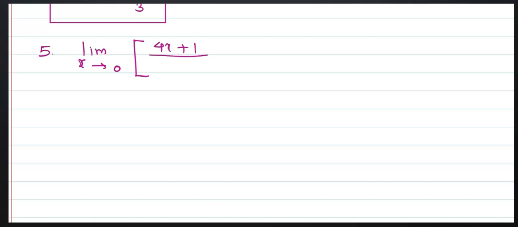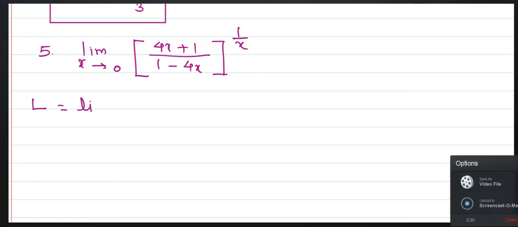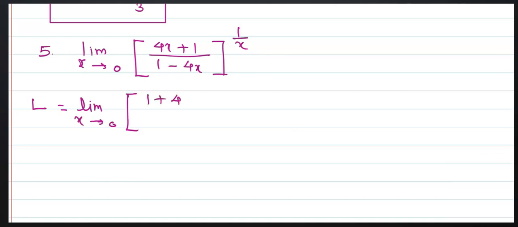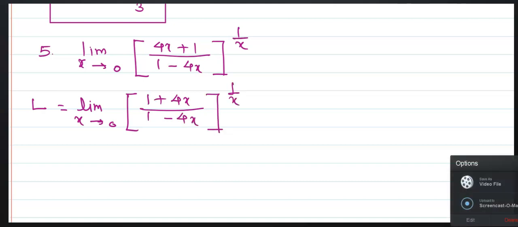Next is limit x tends to 0, (1 plus 4x upon 1 minus 4x) whole bracket to the power 1 upon x. Now it is written like this. First of all, we always require the form 1 plus x, bracket to the power 1 upon x. In this way, we write here 1 plus 4x upon 1 minus 4x, bracket to the power 1 upon x.